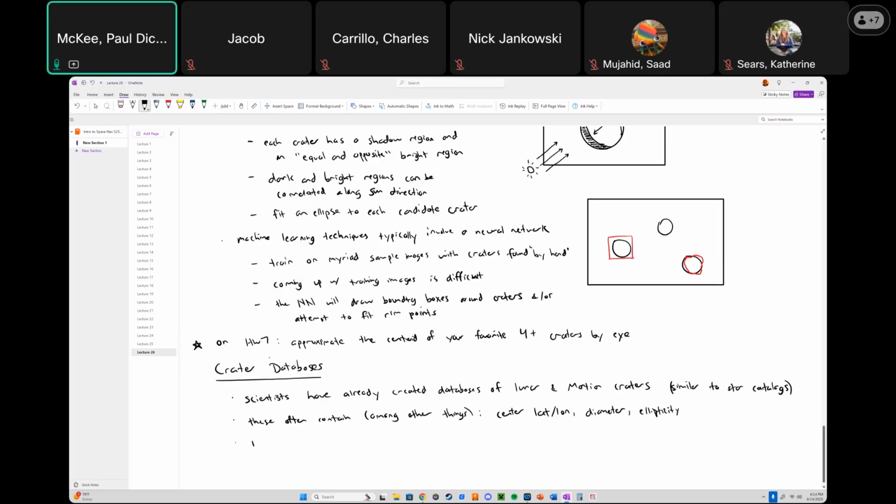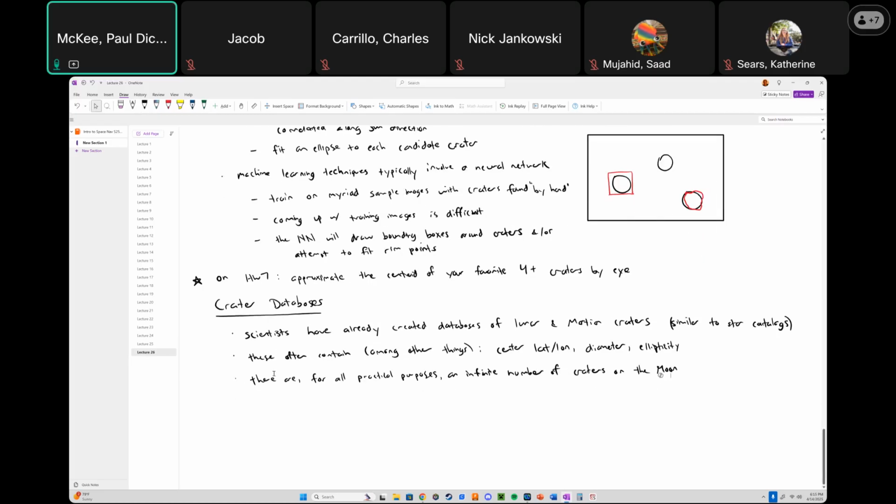I'll say there are, for all practical purposes, an infinite number of craters on the moon. Just like there are, for all practical purposes, an infinite number of trees on the Earth, right? Or when you look at the sky, an infinite number of stars, right? For practical purposes. We don't need all of them. You only need some of them.